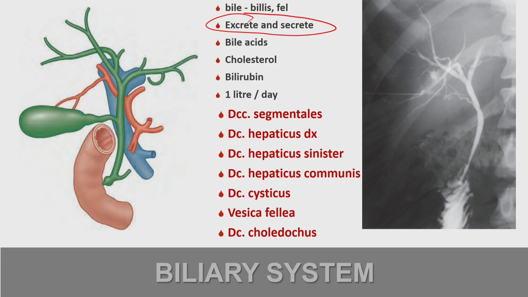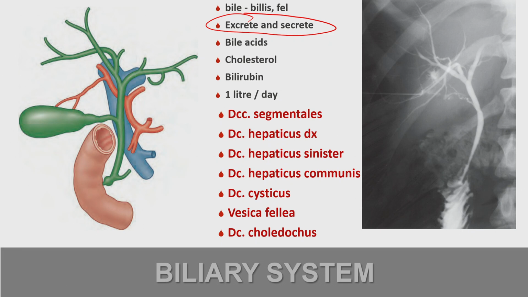Secrete is something which contains something to be useful further. Here, what is useful? Useful are bile acids, which are used for emulsification of fatty substances in the content of the gastrointestinal tract, so in the intestine.